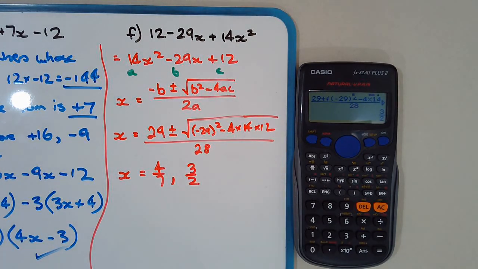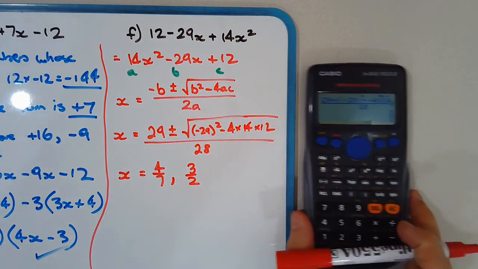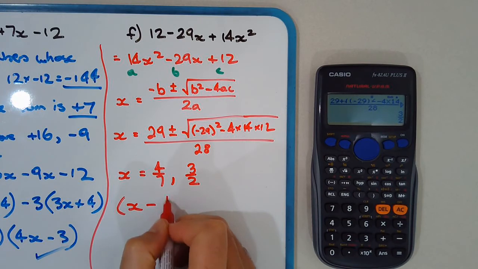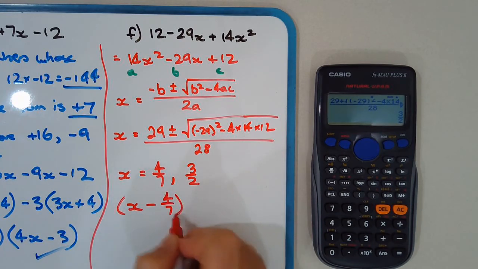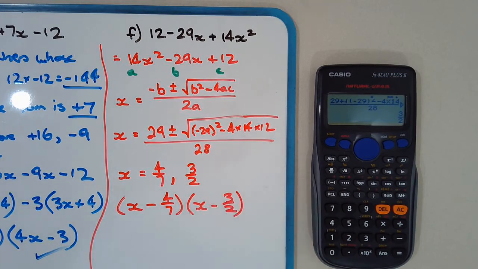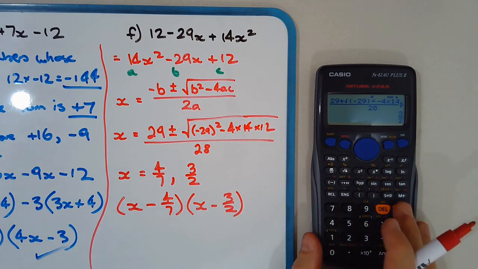The way we then write these factors is x minus 4 on 7, x minus 3 on 2. But the problem that we have here is that we can't have fractions. We can express this using whole numbers.